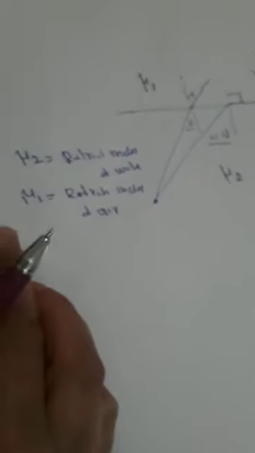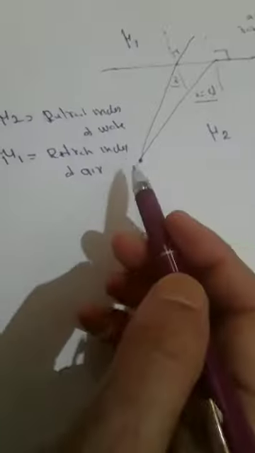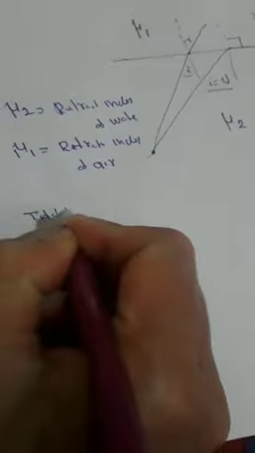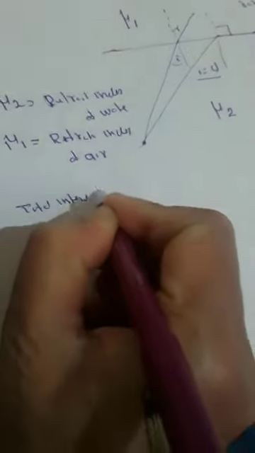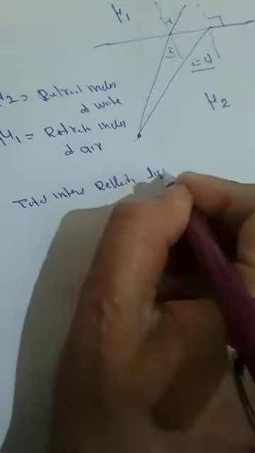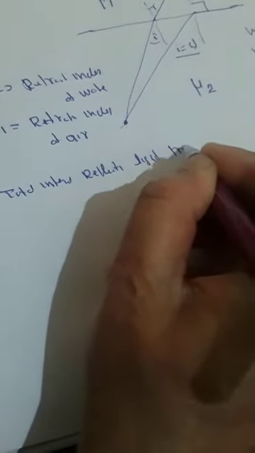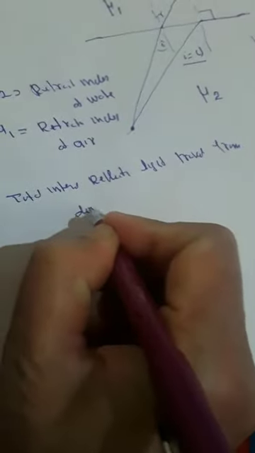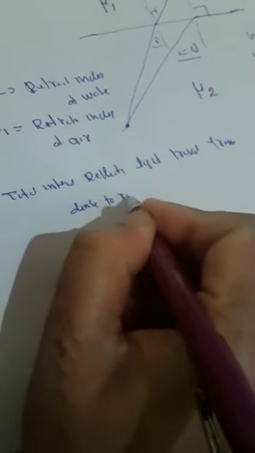We know that in total internal reflection, light travels from denser to rare medium.